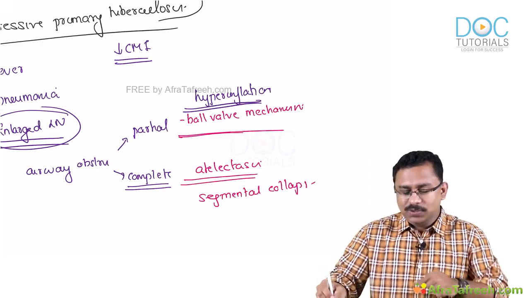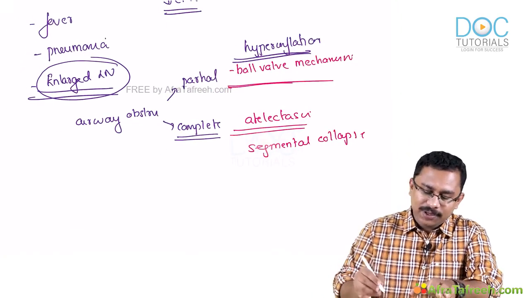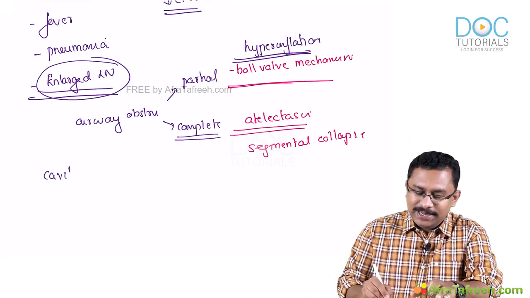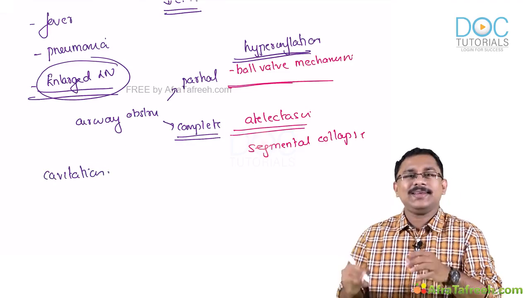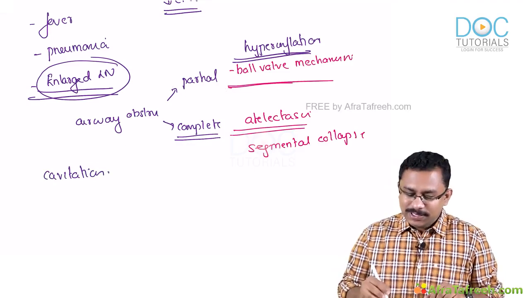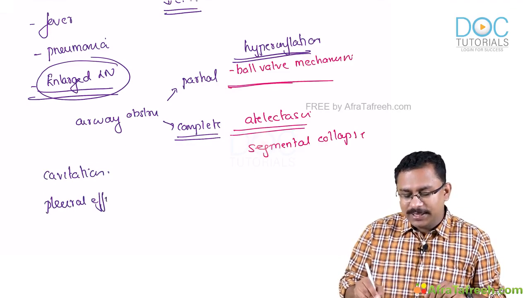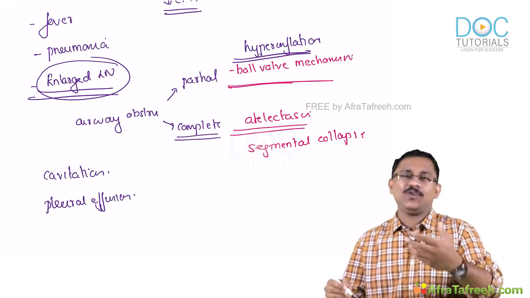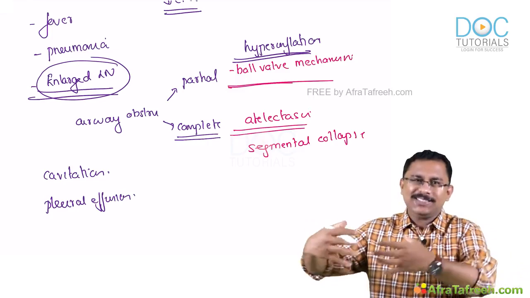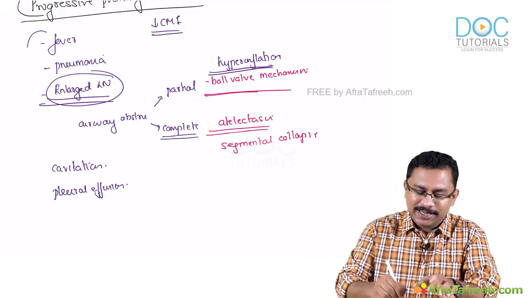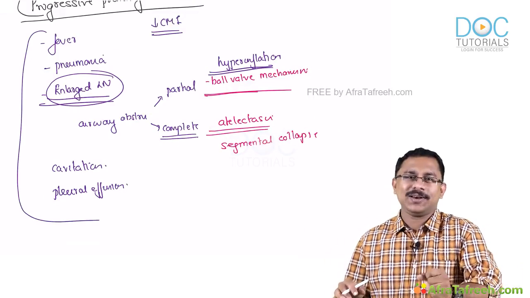And sometimes you might also have a cavitation that develops, correct? A cavitation that develops, and sometimes you may have a pleural effusion that develops in case of a progressive primary tuberculosis. So it's a progressive primary infection that occurs, and these are the manifestations that can occur.